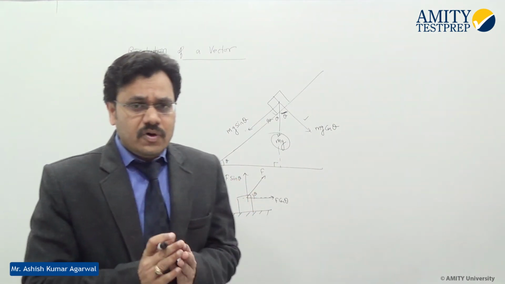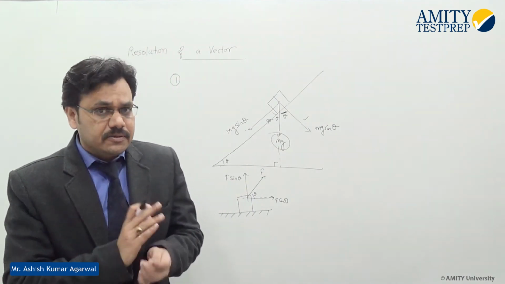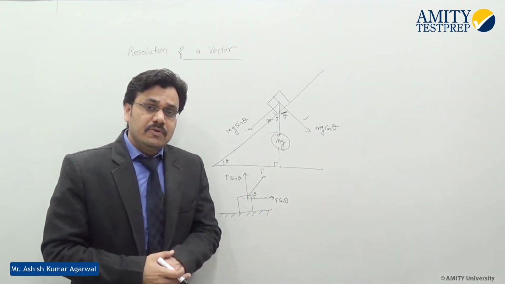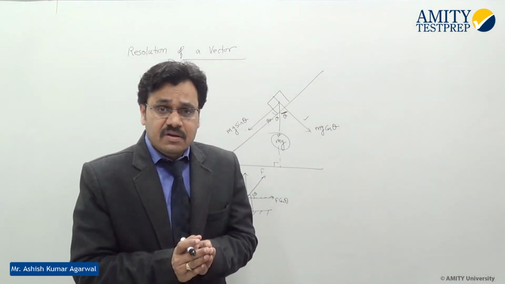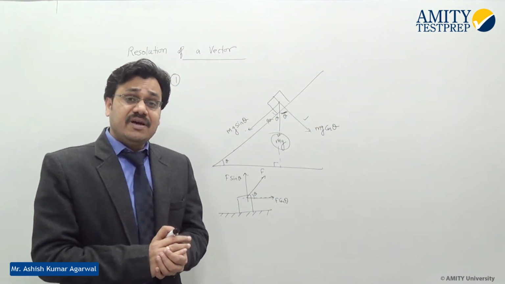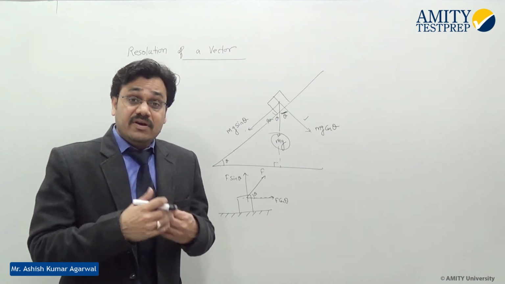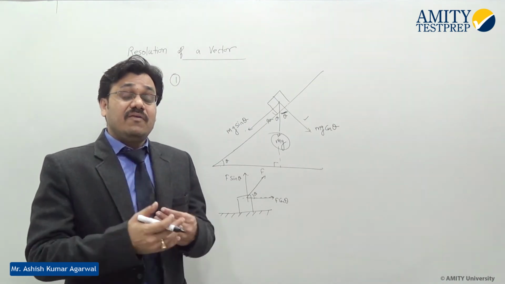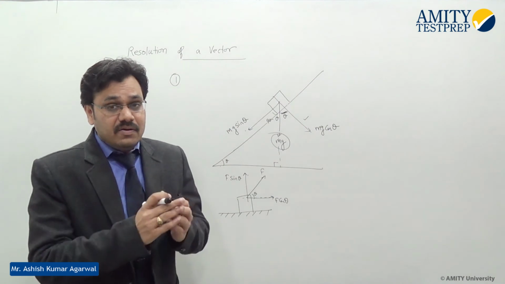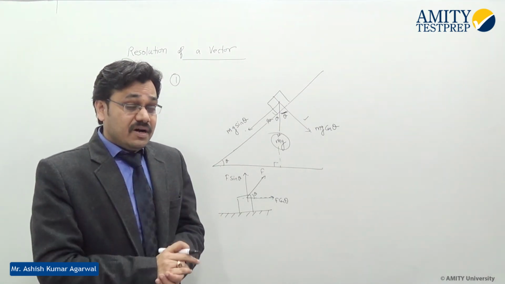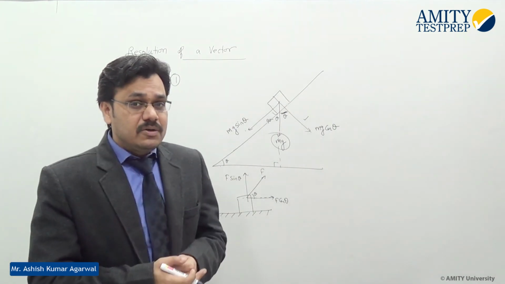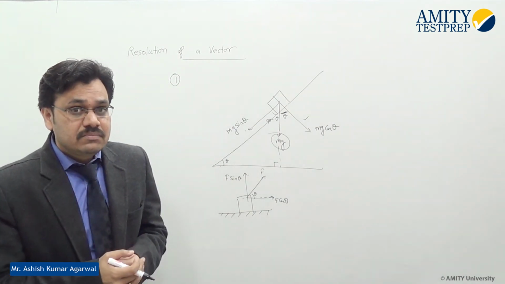So if you want to resolve a vector, first of all, you have to choose two perpendicular axes, and definitely this choice is made in such a way that one axis is where the body is moving, or where the vector you are applying will take the body, and the other axis should be normal to the movement.